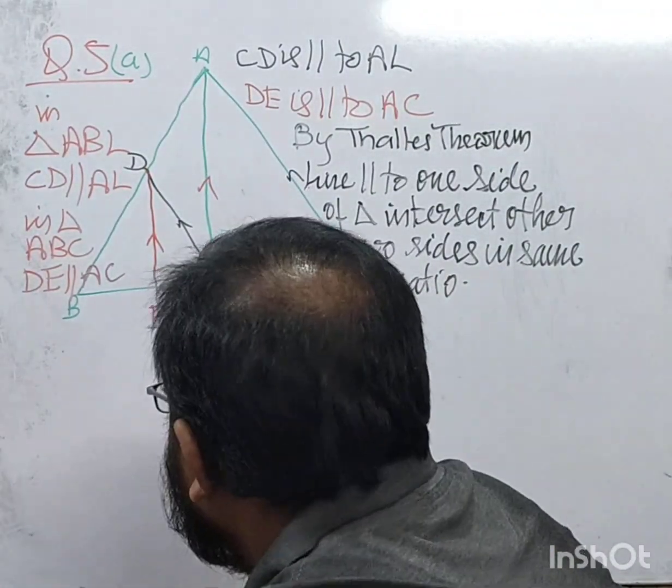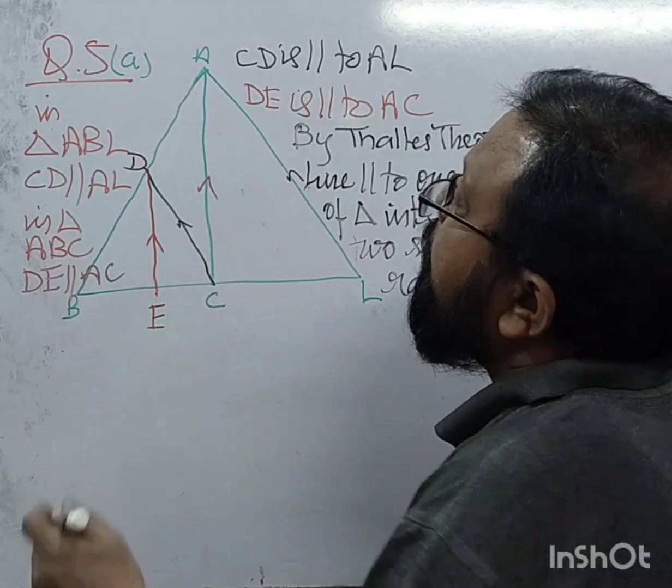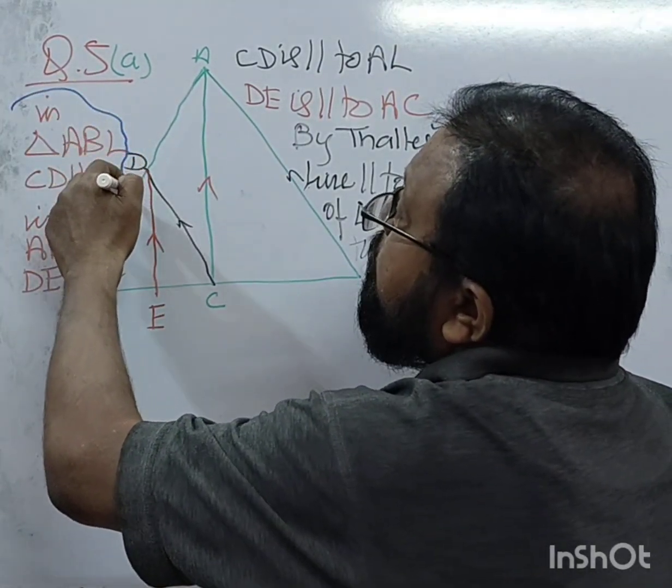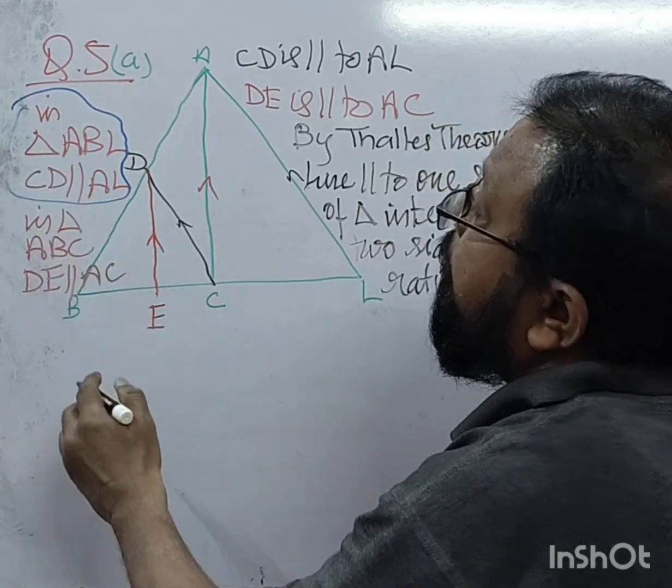Here in triangle ABL, CD is parallel to AL.